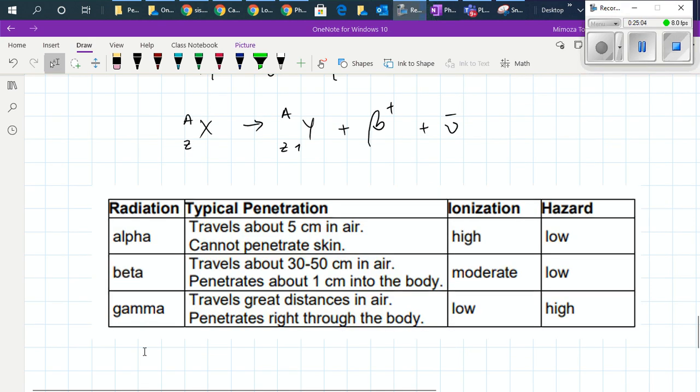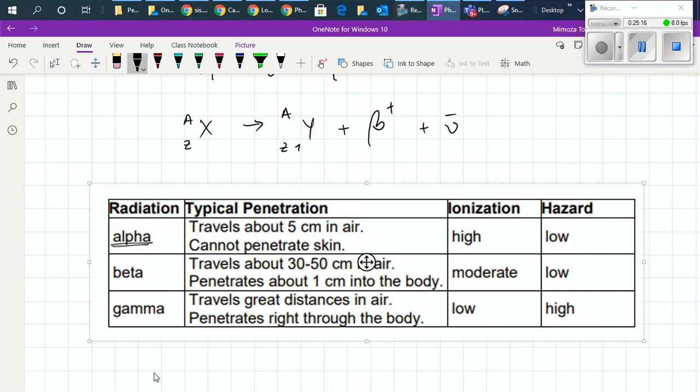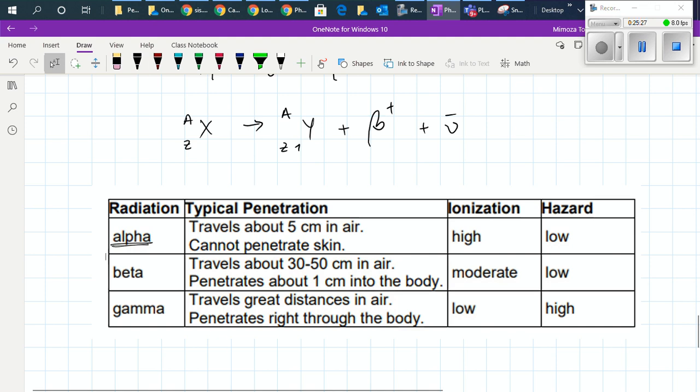In terms of the hazard that this radiation creates and how it affects our life, this is a table where we even talked about this when we were talking about alpha particles. Alpha is able to travel about 5 centimeters in air, and it cannot penetrate into the skin, so it is not that dangerous. Ionization is high, however, the hazard is not that high.